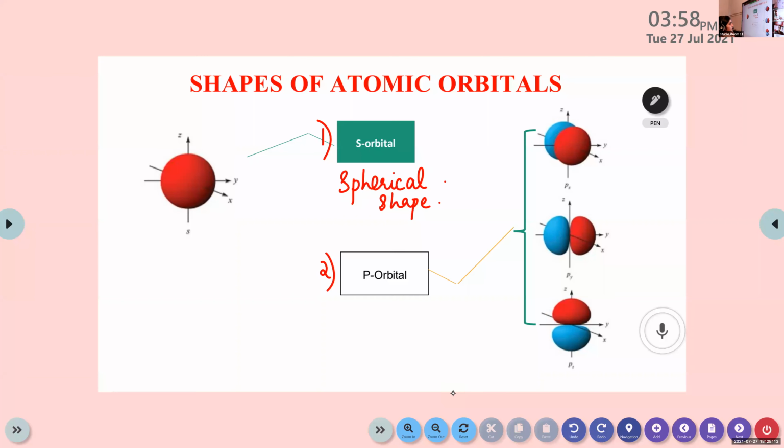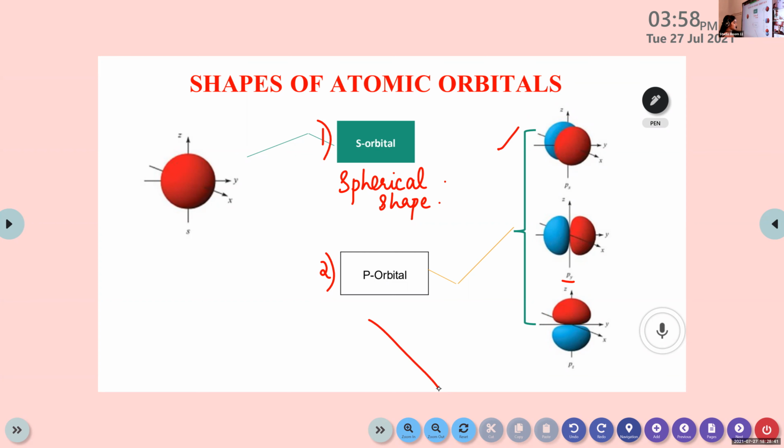First, the first diagram is in the x-axis. There are 3 axes there, x, y, and z. The first diagram is along the x-axis, 2 lobes in the x-axis. The next one is along the y-axis, two lobes in the y-axis, and the third one is in the z-axis.